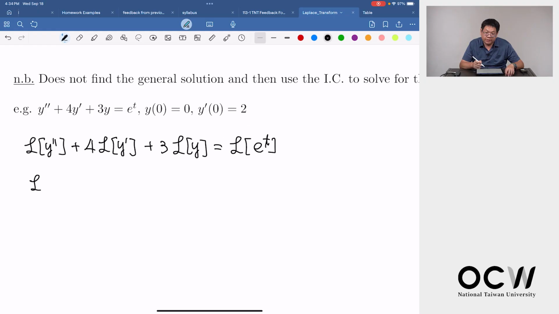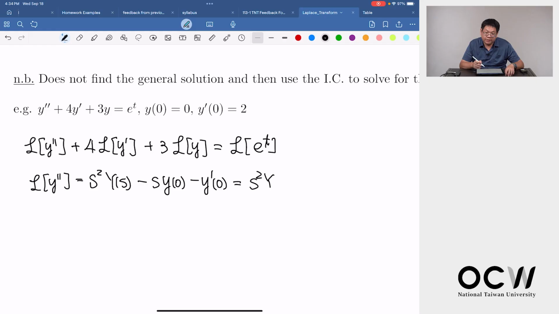First, what is the Laplace transform of y double prime? That's s squared Y of s minus s times the original y at 0 minus y prime at 0. That gives you s squared Y of s minus 2.